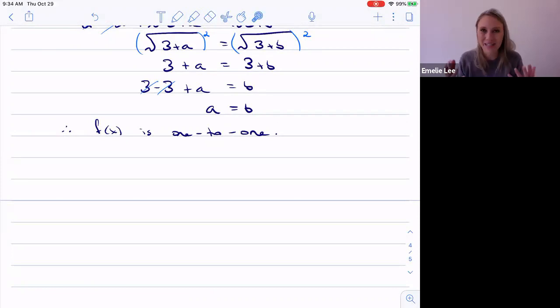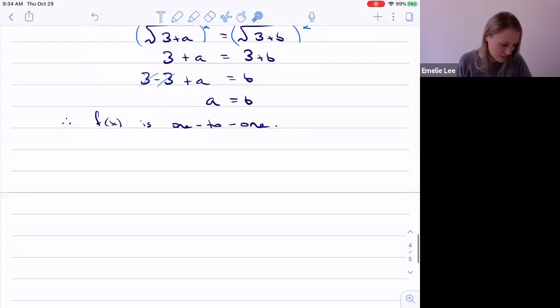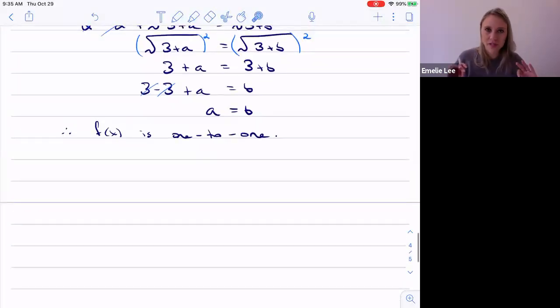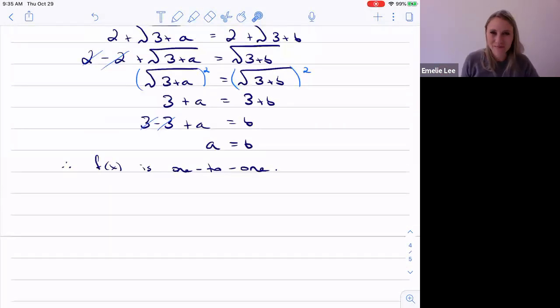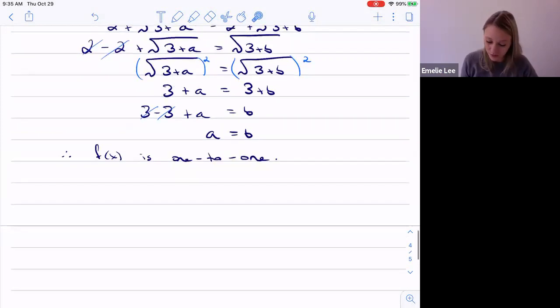Not necessarily finding one-to-one functions and showing the inverse, but we're just warming up. I realized as I was doing this one, you're probably thinking, I'll never use this. When would I need this? You won't, but you do need algebra. So that's why we're here.